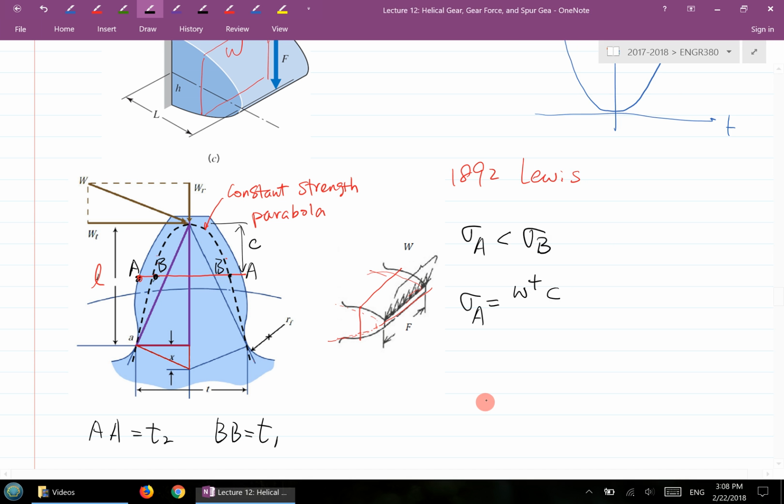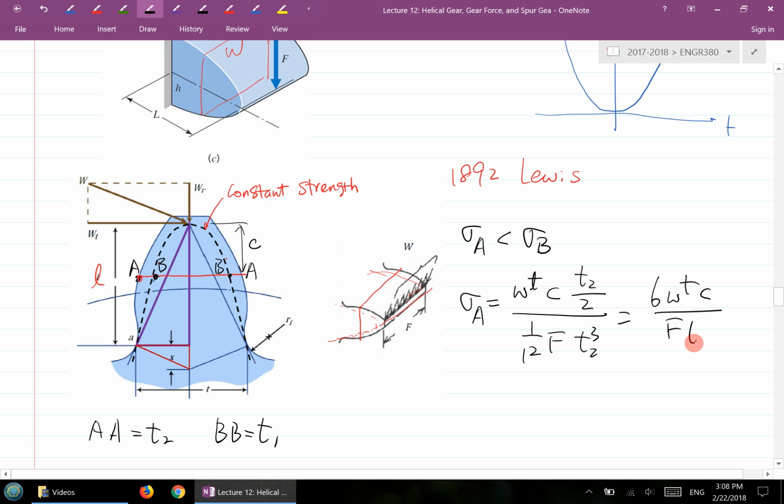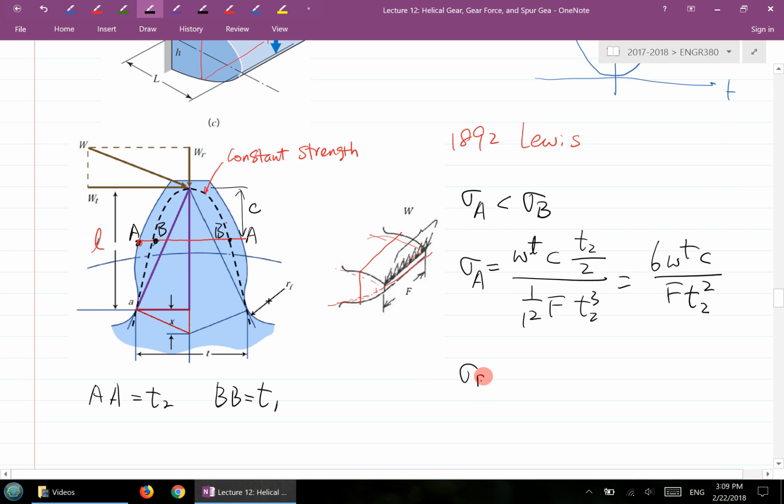That gives us sigma A equal to W times the distance C, which is the moment, times half of the thickness, T2 over 2, divided by 1 over 12 times the face width F times T2 cubed. That simplifies into 6 times WT C over F T2 squared. That's sigma A. Then sigma B is equal to WT times C times T1 over 2, divided by 1 over 12 F T1 cubed, which is 6 WT C over F T1 squared.